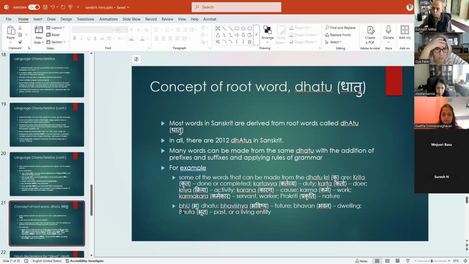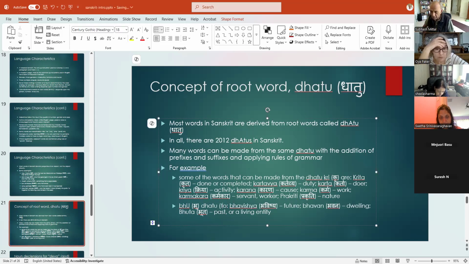Same thing with bhu. Bhu means to be. Again, hundreds of words can be made from bhu.